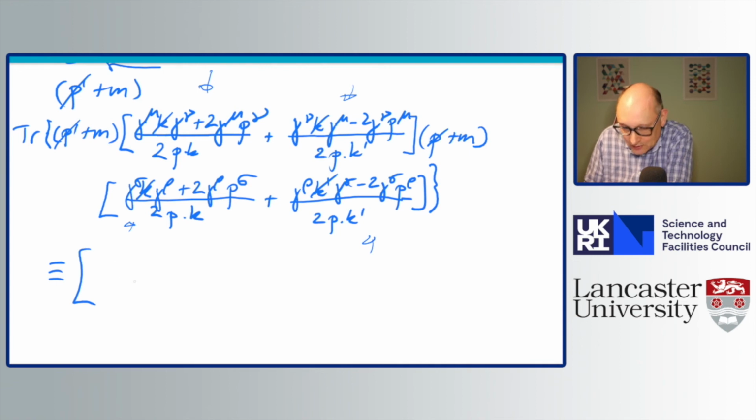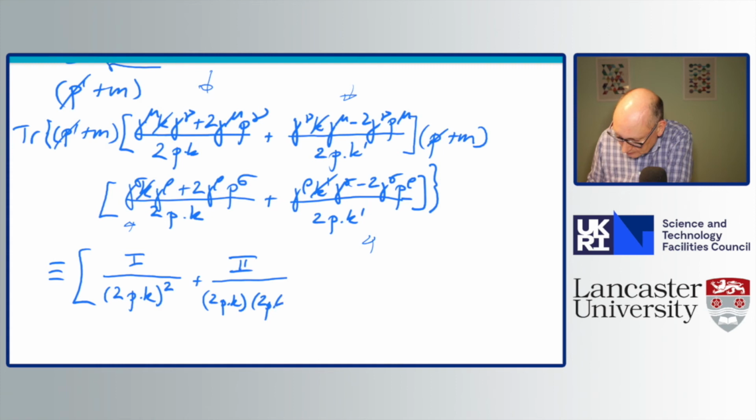So let's not write them on the same fraction to begin with, but let's just say that we have something, let's call it 1, that has 2 p dot k squared, and that's this bit here with that bit there. And then there's a plus something that is 2 p dot k, 2 p dot k prime. Let's say that that's this piece with that piece.